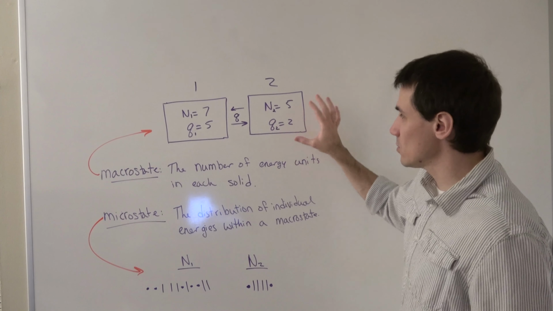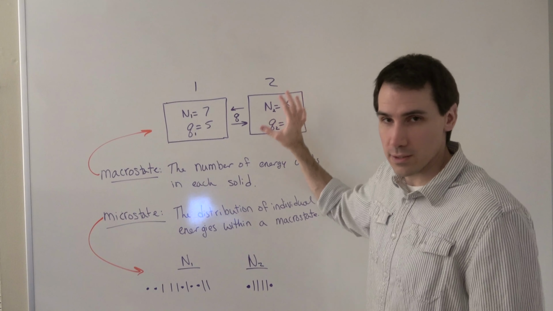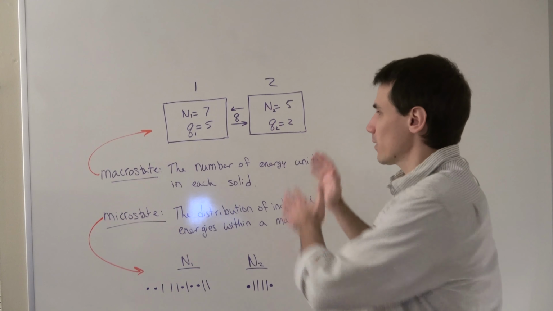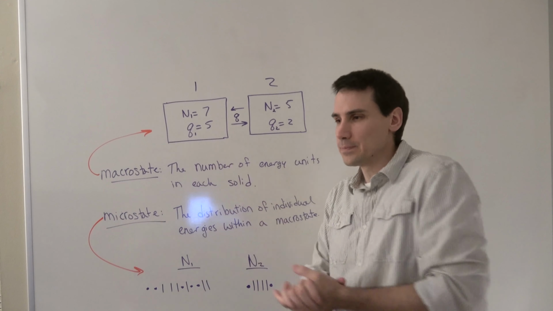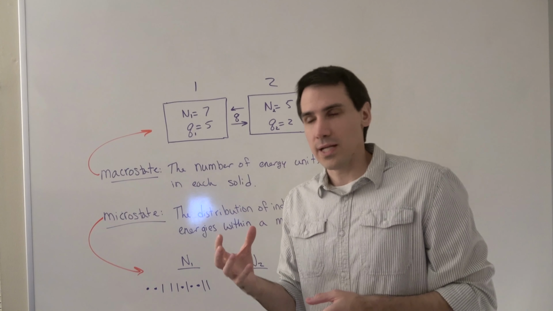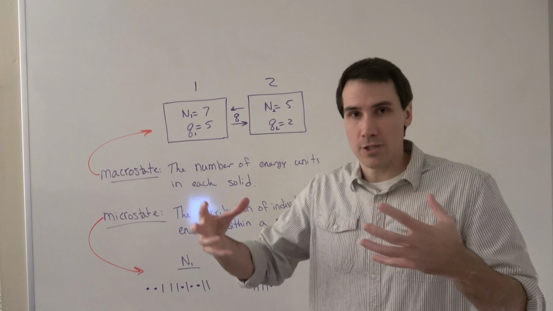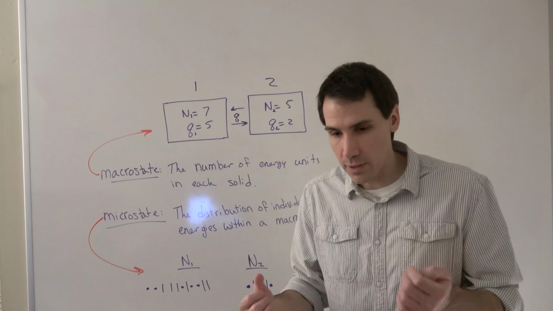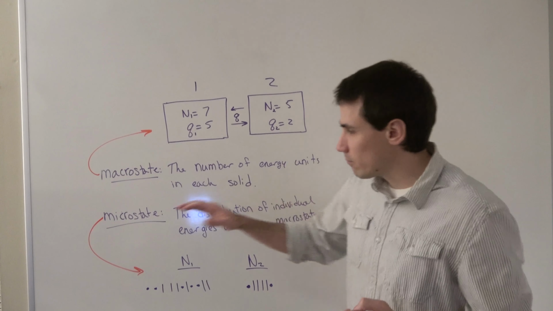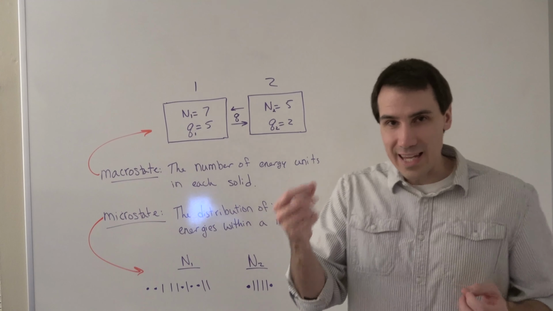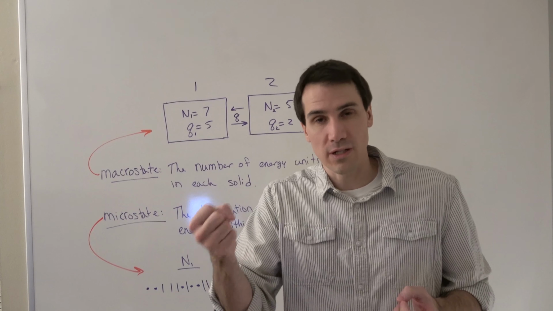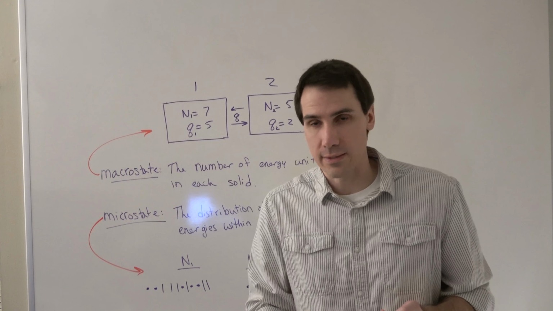And I don't care how these 2 units are distributed in solid 2. I only care that there's 2 over here and 5 over there. This is a macro state. So the idea is that the macro state describes the big picture quantities of a system, while the micro state describes the individual position of every unit of energy within the system.